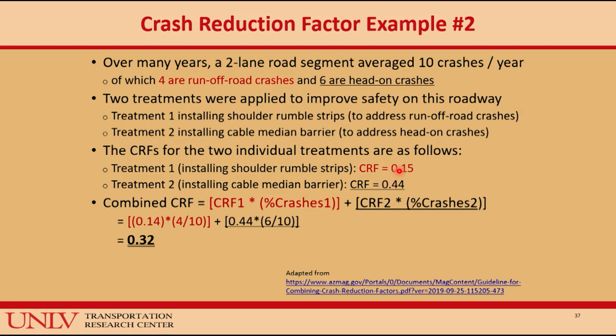I told you my fingers are fat, so this should be 0.15 here. Okay, 0.15 multiplied by 4 run off the road crashes out of the 10, or 40% of the crashes, and 0.44, which is a crash reduction factor for the median barrier, which will help address 60% of the crashes, 6 out of the 10. So the combined benefit is 0.32.